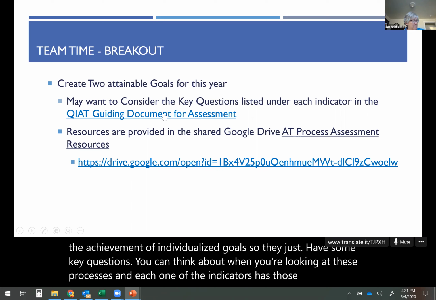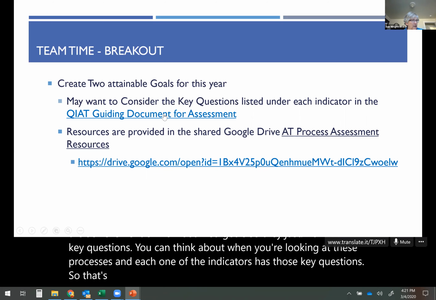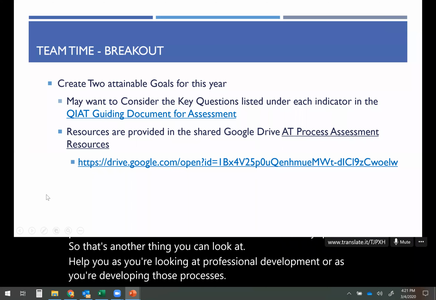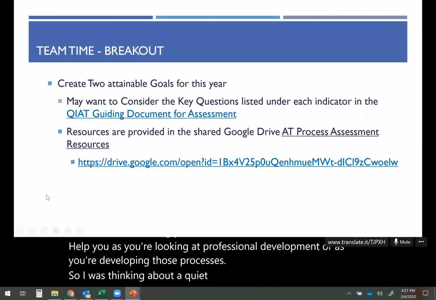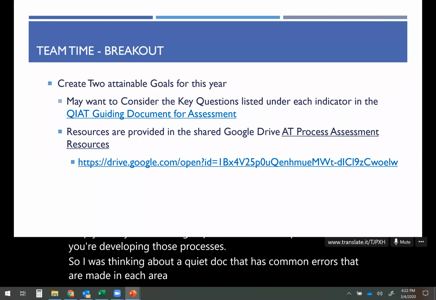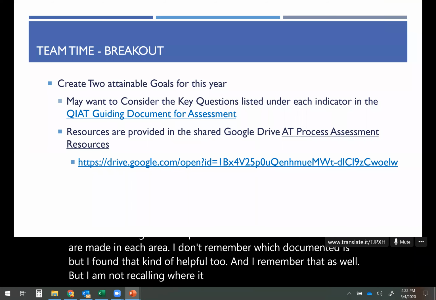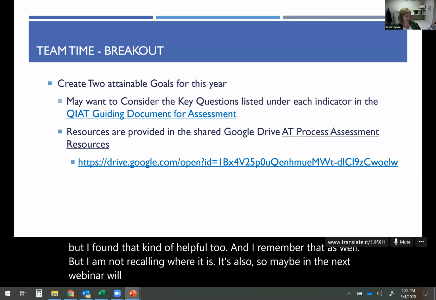So that's another thing you can look at to help you as you're looking at professional development or developing those processes. I was thinking about a QIAT document that has common errors that are made in each area. I don't remember which document it is, but I found that helpful too. I remember that as well, but I'm not recalling where it is. Maybe in the next webinar we'll locate that.